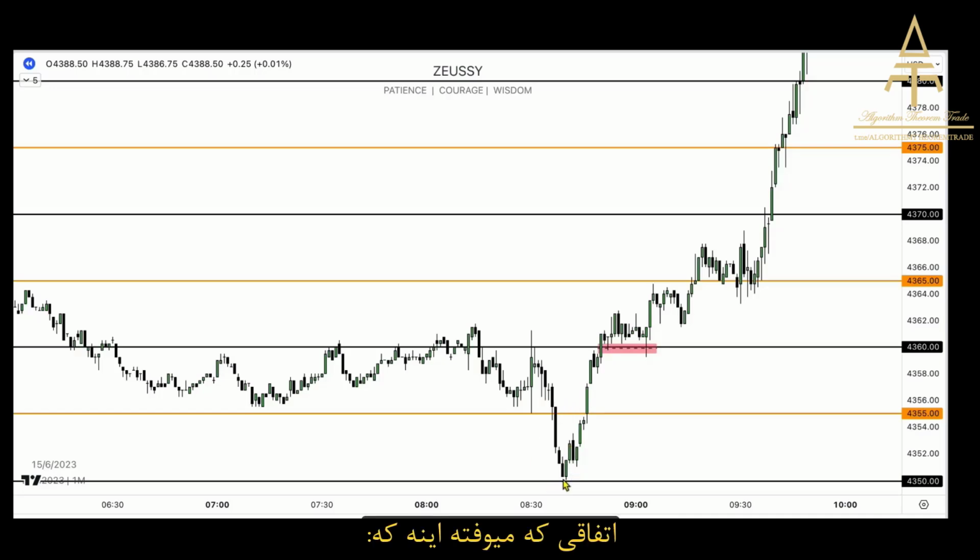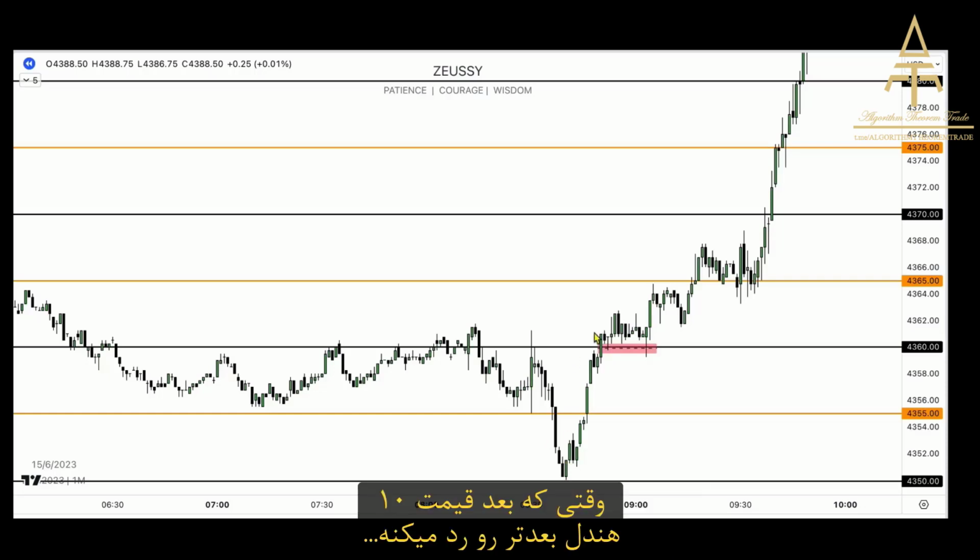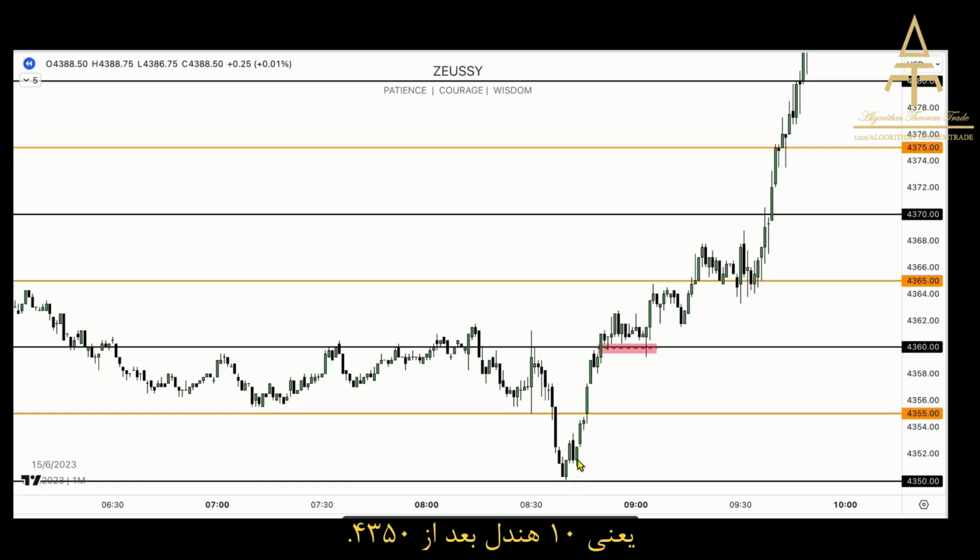So what is occurring is the following. When high frequency trading algorithms have detected that a low is in right here after 8:30, every single time that price crosses such a price, that is 10 handles above the inception, 43.50 right here, every single time the price crosses, for example, 43.60 or 43.70 or 43.80, they buy.